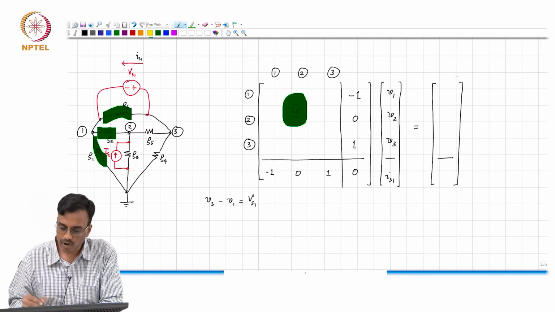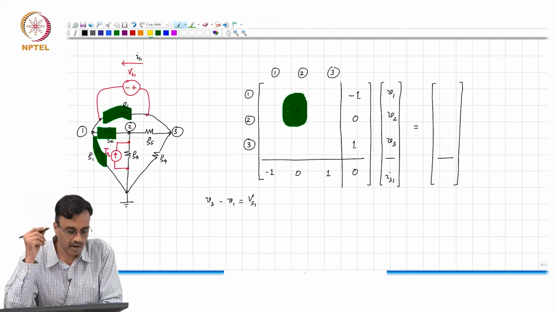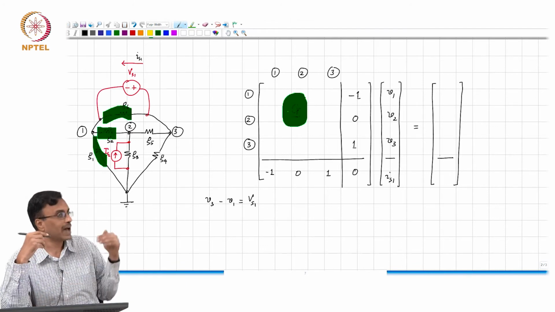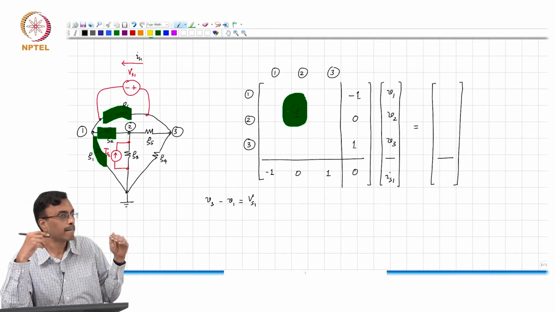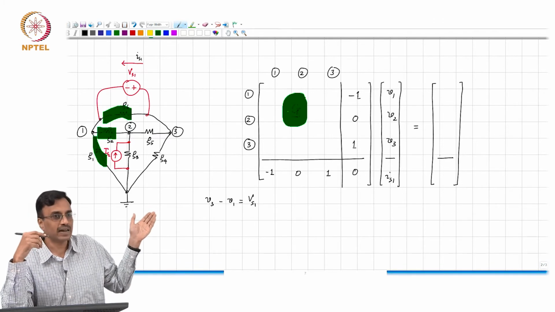The right hand side, remember, must have only the independent sources. So, what are the independent sources? The first 3 rows will have only the independent current sources.